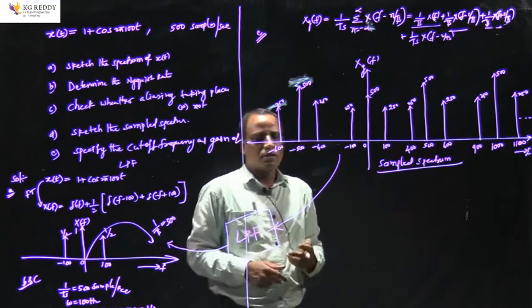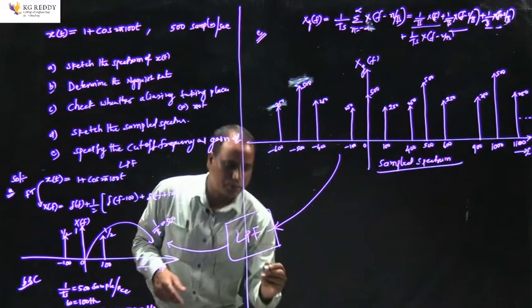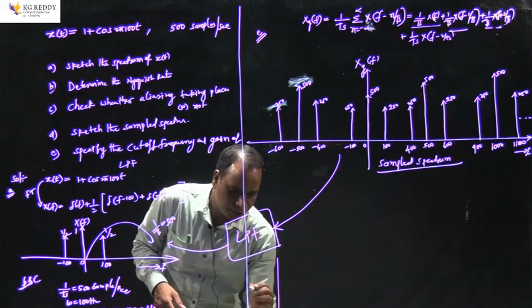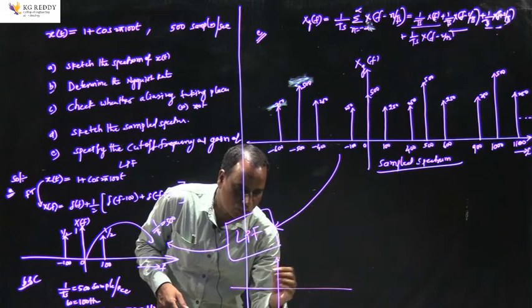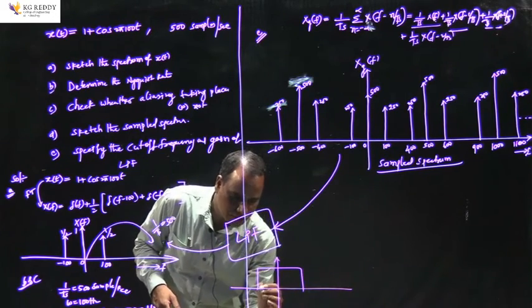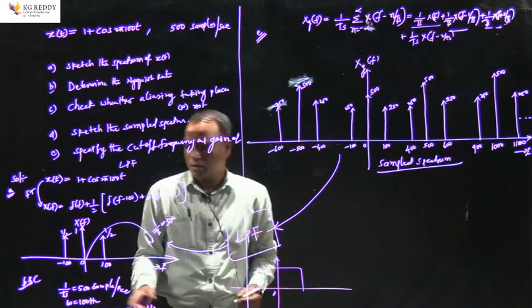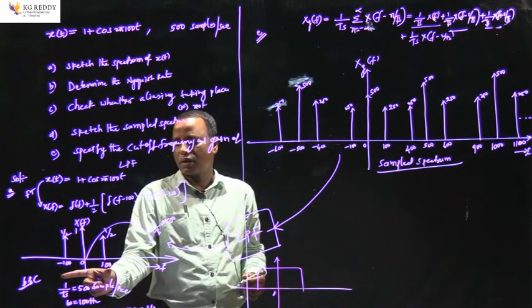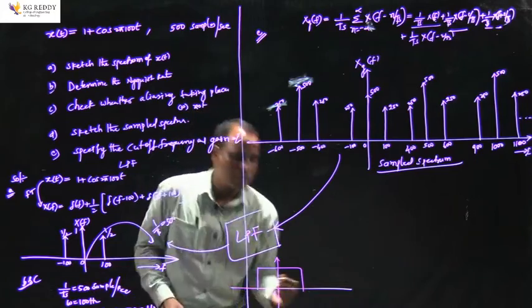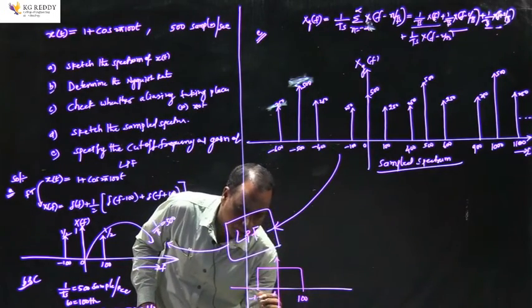That's the reason we have to design a low pass filter with a cutoff frequency of 100, because the maximum frequency for this particular signal is 100, and this is 100 and this is minus 100.